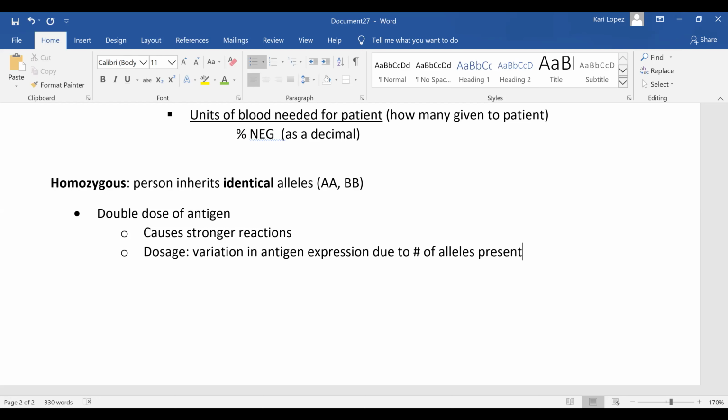So your MNS antigens show dosage. Your RH shows dosage. Kidd, Duffy. RH is one of them that shows dosage.